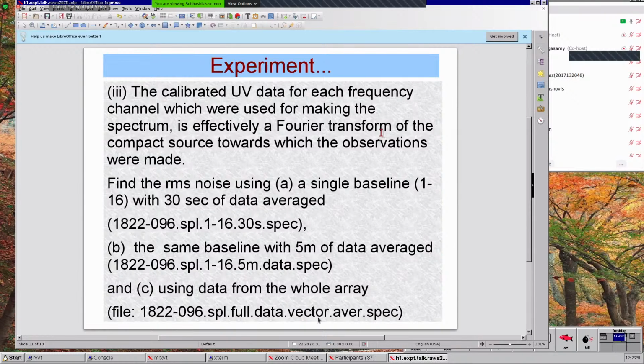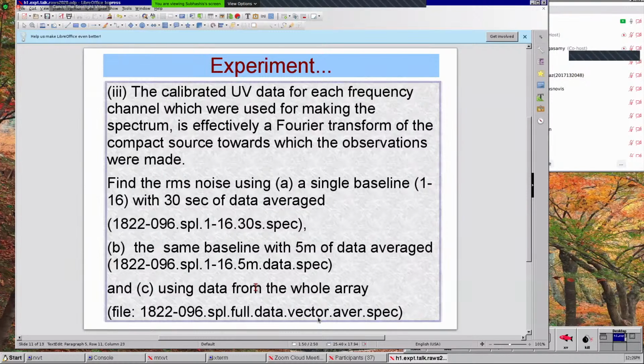So what I am asking is that you can also find the RMS noise using a single baseline, for which I have just given antenna number 116 with 30 seconds of data average. You can find the RMS from this file, repeat the same with 5 minutes of data averaged, and see how the RMS compares using data from the whole array.